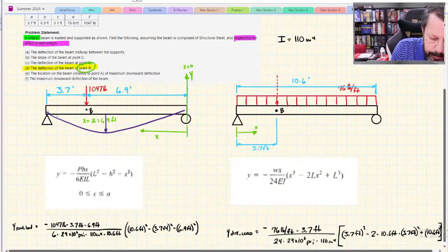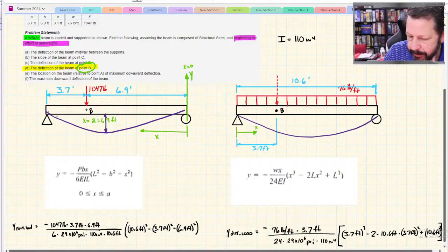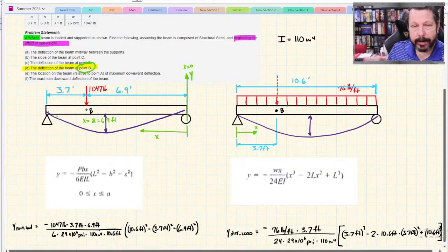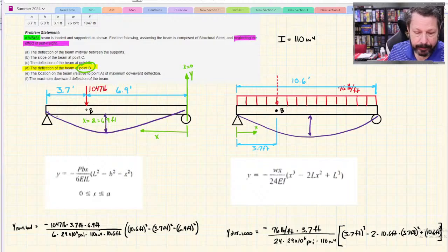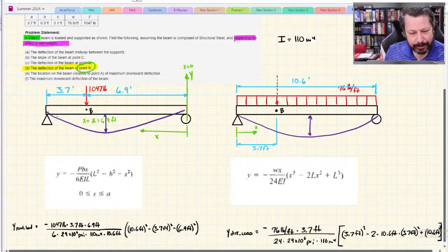There's our maximum deflection for this guy. This one is going to bend perfectly symmetric. Maximum deflection is going to be right in the middle. So when I add those two curves together, the maximum deflection is not going to be exactly in the middle, and it's not going to be exactly where the maximum deflection from the offset point load is. It's somewhere in their average, but I don't think you can just average them either.